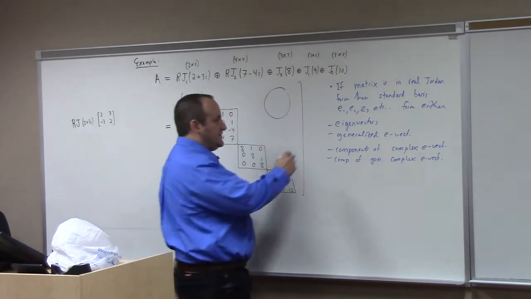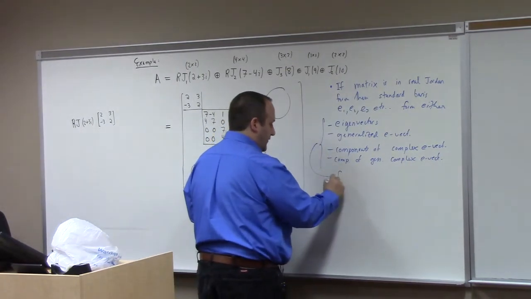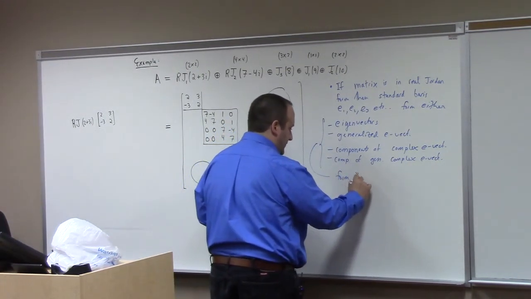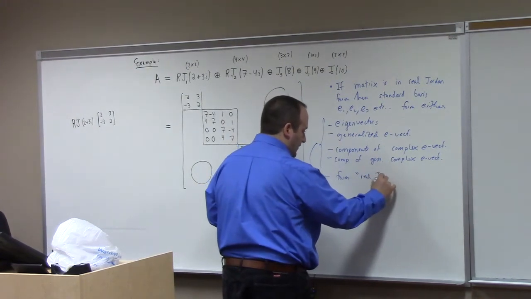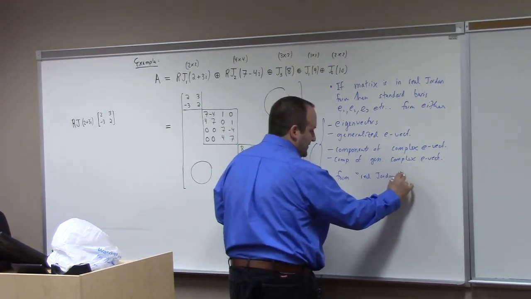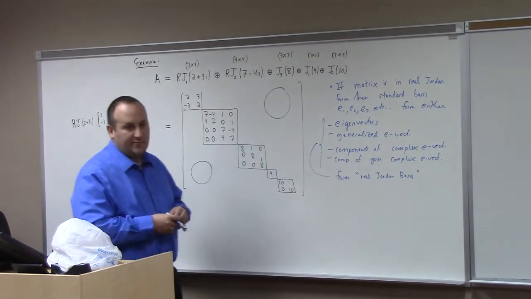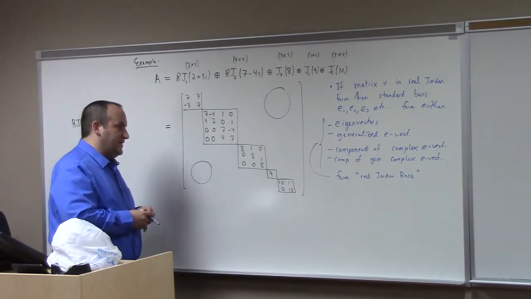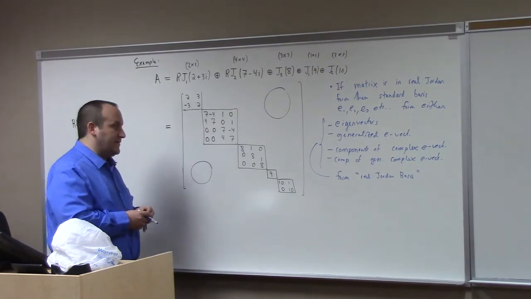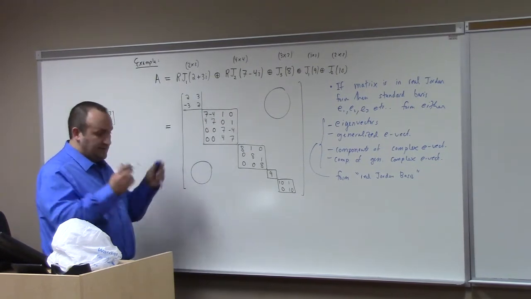So these things together form what I would call the real Jordan basis, which again, technically speaking, is not a Jordan basis because it's not just made of eigenvectors. It's made of these kind of hybrid things that involve the interface between the complexification and the matrix. Okay, that's the big picture.